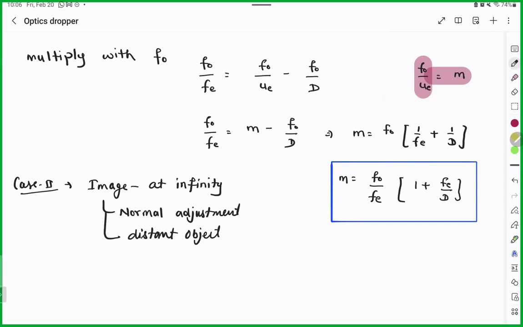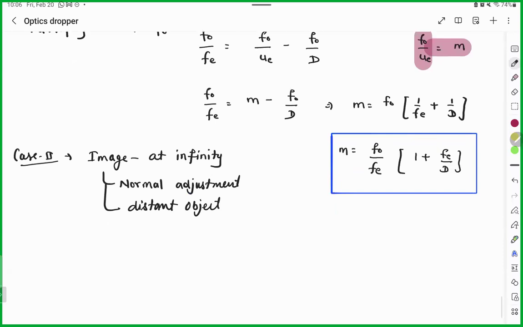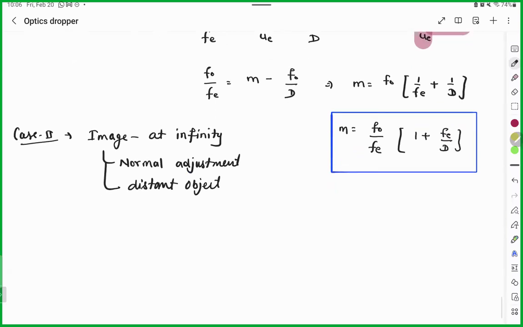The meaning is exactly the same. In this case, you will use the same formula: magnification is equal to f naught by FE times 1 plus FE by D. But here the image is formed at infinity, so your D is equal to infinity in this case.